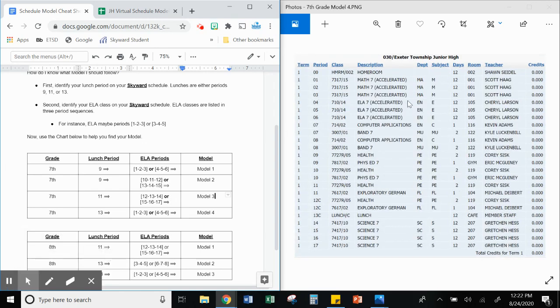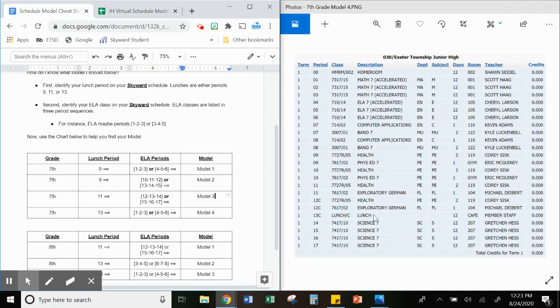So here you have an example of a Model 4 schedule for a 7th grade student. The first thing you always do is look for lunch. Well, lunch for a Model 4 student is not period 9 or period 11, but actually shows up here, period 13. Now, you'll also notice that your ELA class will run 4, 5, and 6, or 1, 2, 3.